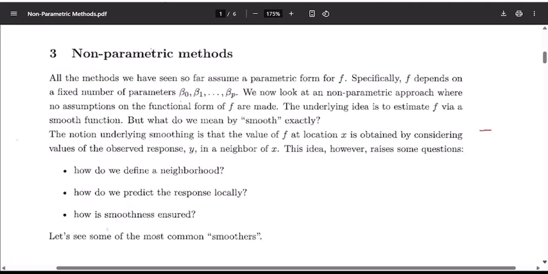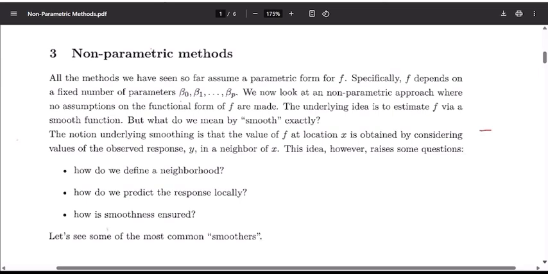There is no break and no sharp corner, but it varies gradually. There's no sudden change. That's what we mean by a smooth function.